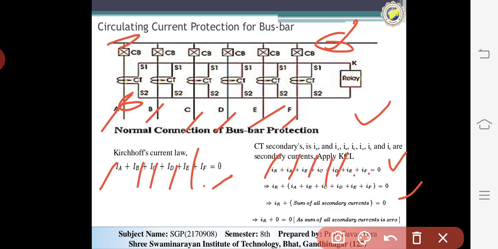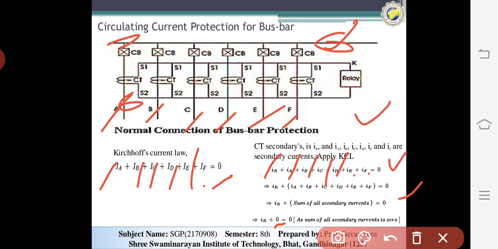So IR plus 0 equals 0, since the sum of all secondary currents is 0. So it is clear that under normal conditions there is no current flow through the busbar protection tripping relay. This relay is generally referred to as relay number 87.